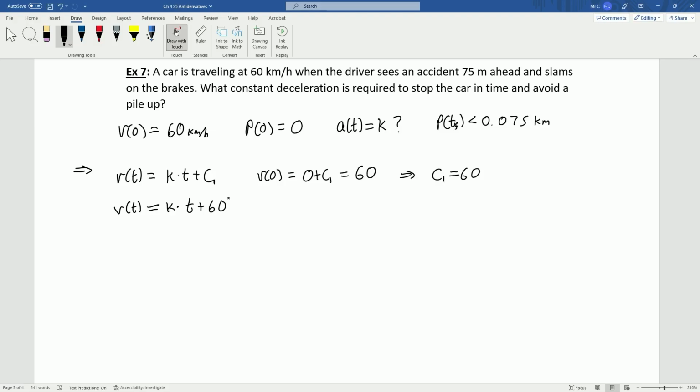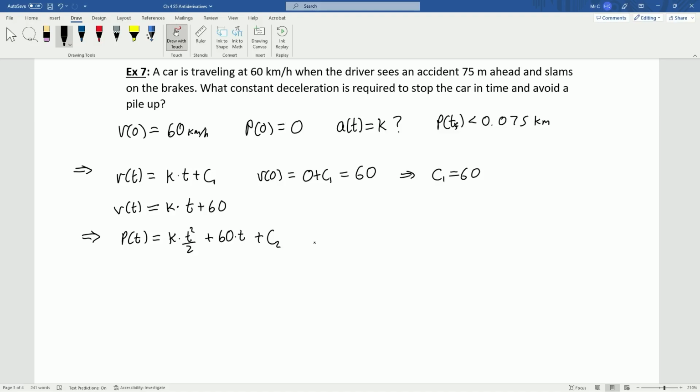Okay, so what else do we know? We know that the position function is the antiderivative of velocity. So this is going to give us k times t squared over 2: increase the power by 1, divide by the new power, plus 60 times t. The antiderivative of a constant is just the constant times the variable, plus a new constant c2.